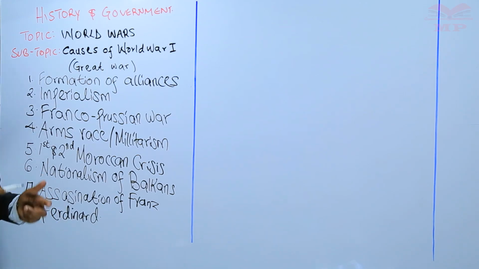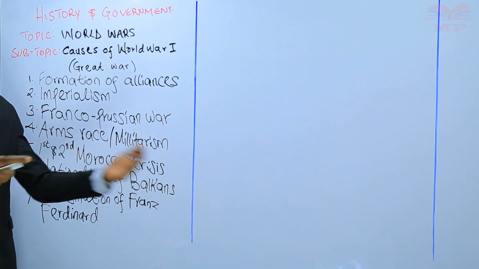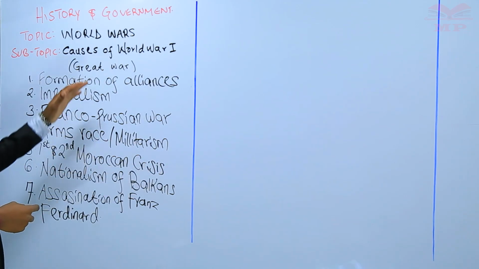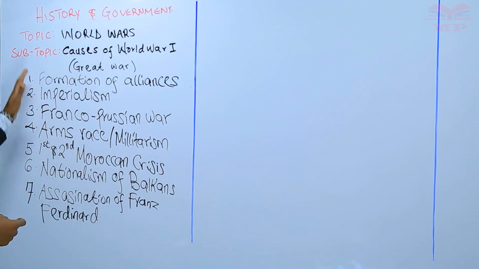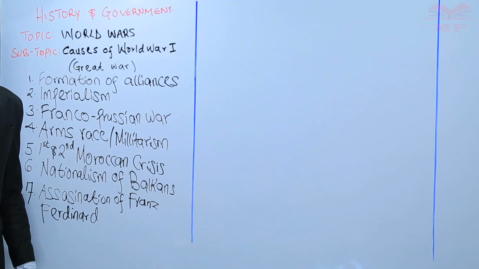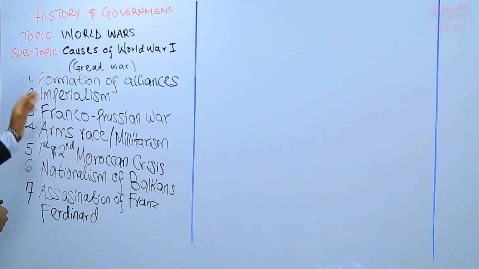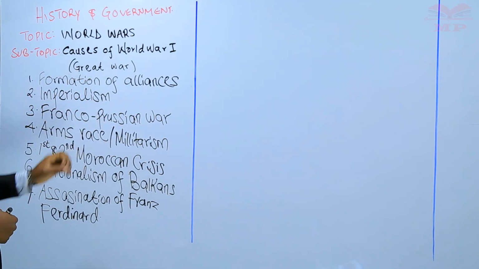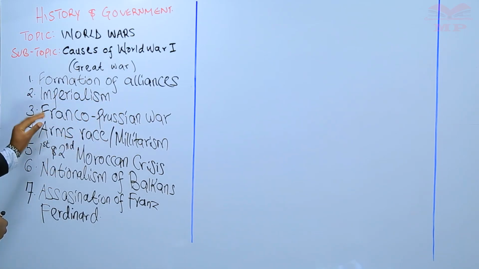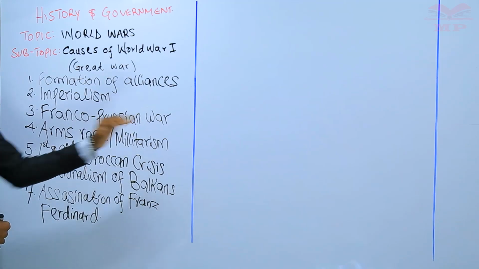So, my dear learners, if you are asked to state the causes of the First World War, these are the causes. Number 1, formation of alliances, or the system of alliances. Number 2, imperialism, which we are going to explain. Number 3, Franco-Prussian War.